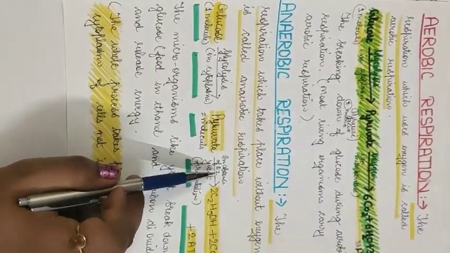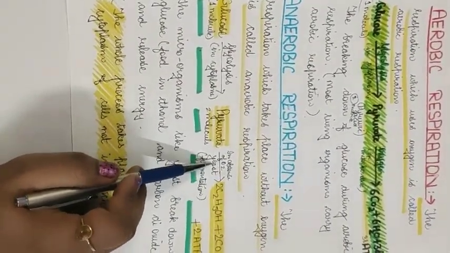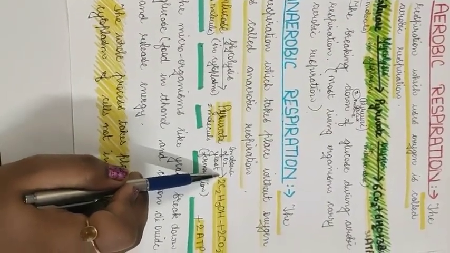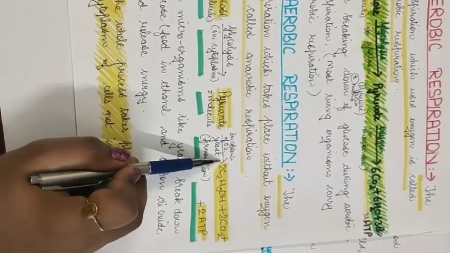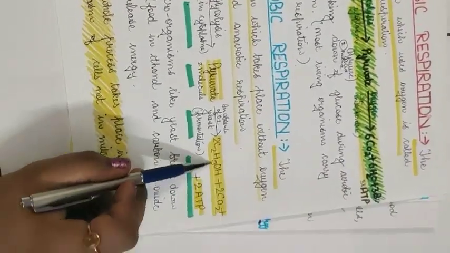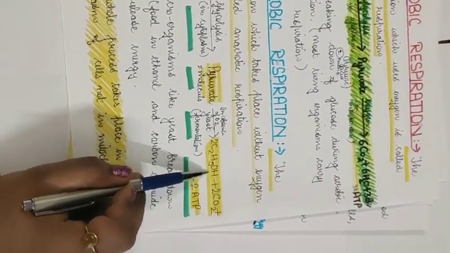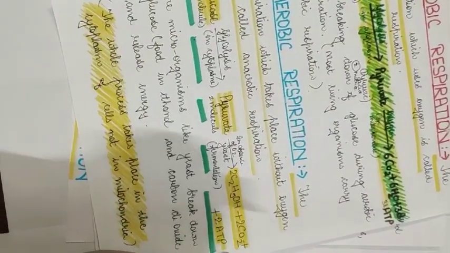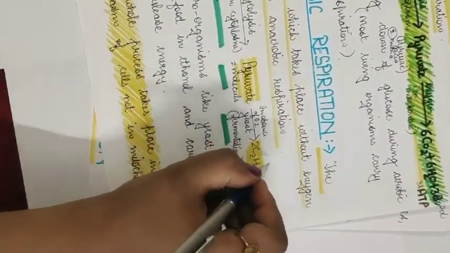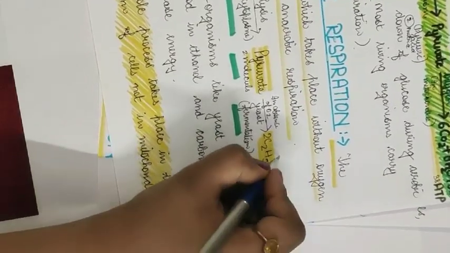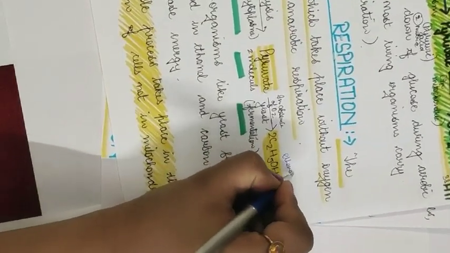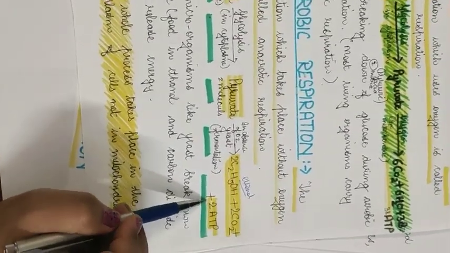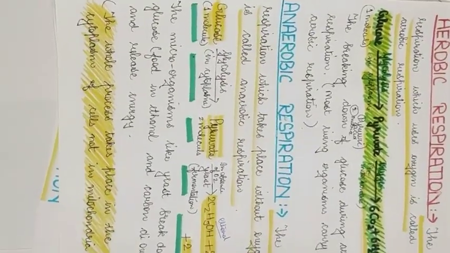Here this is for plants. So yeast will undergo fermentation. It will not happen in the mitochondria but in the cytoplasm itself. Then it will be converted into ethanol, C2H5OH, plus 2CO2, plus only 2 ATP molecules will be formed.